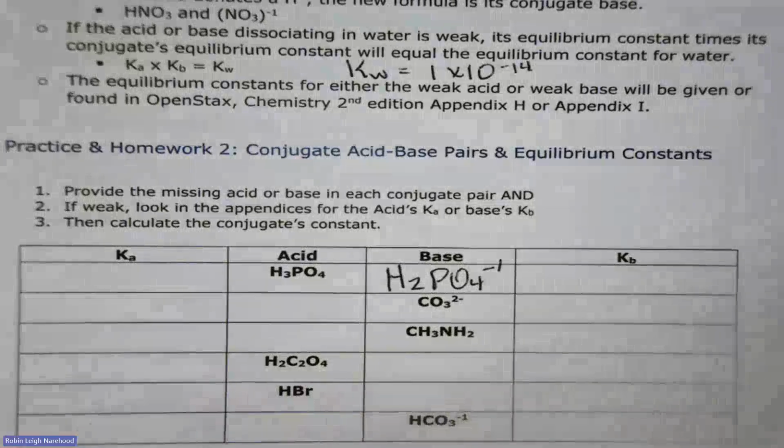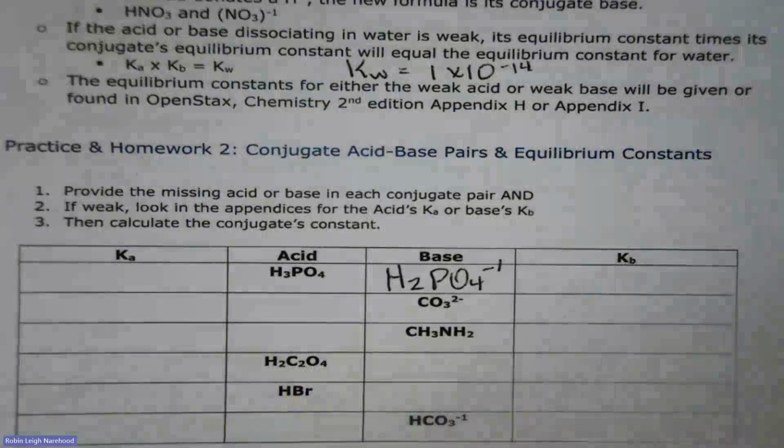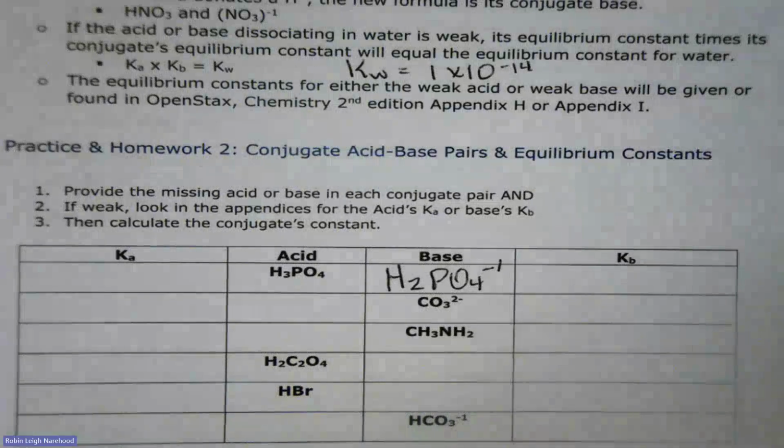They cannot have the same charge because one of them has an H positive and the other one does not. And so they're going to be off by one, either way you want to think about it. The base will be more negative or the acid will be more positive, both saying the same thing.